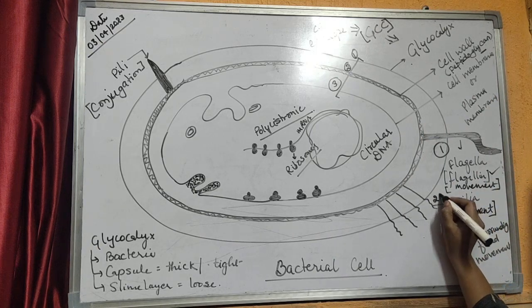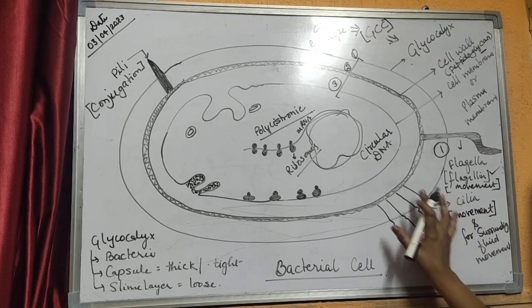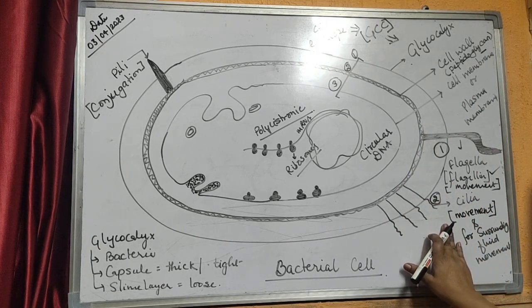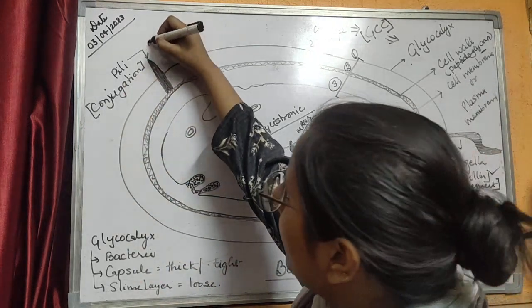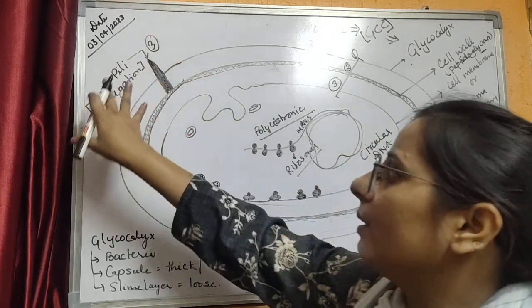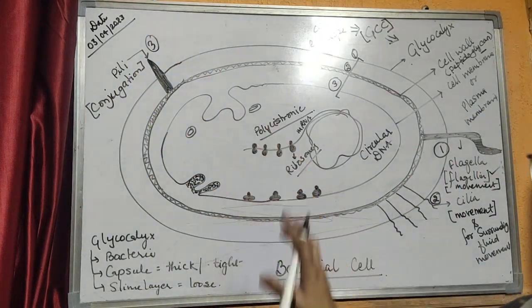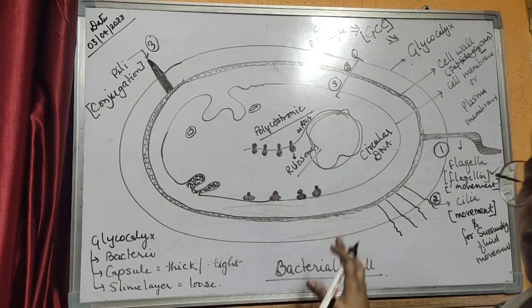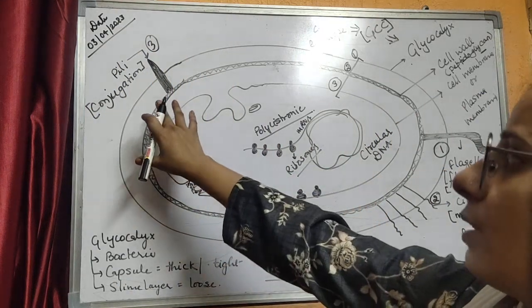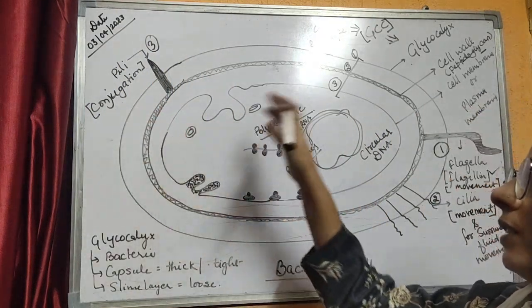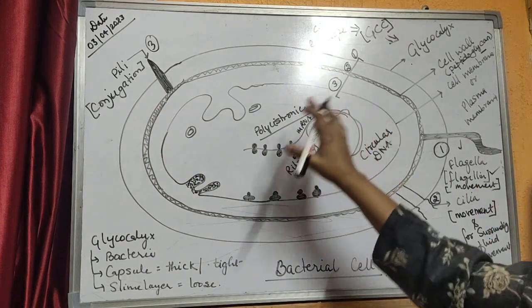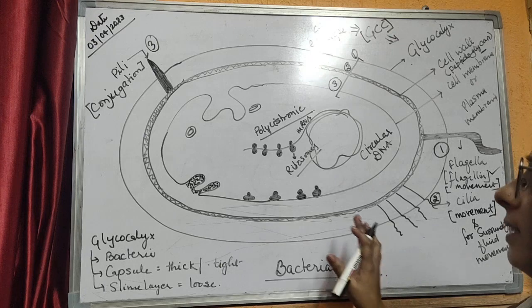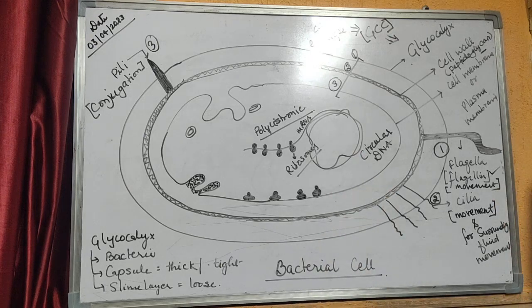The second projection is the cilia that comes from the cell wall, and it also helps in movement, but sometimes it is involved in surrounding fluid movement, while the third one is the pili that help in conjugation, because sometimes bacteria have sexual reproduction, and for this sexual reproduction this pili fuses with the pili of the other bacterium and goes for the sexual reproduction. These are small structures present in the bacteria, making it specific.